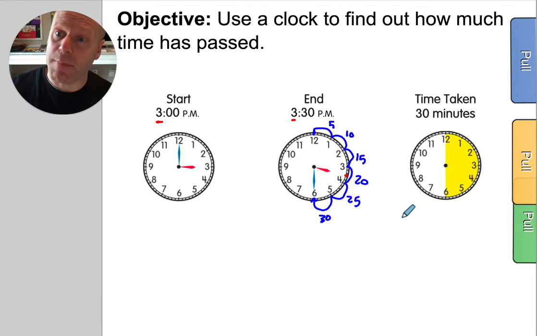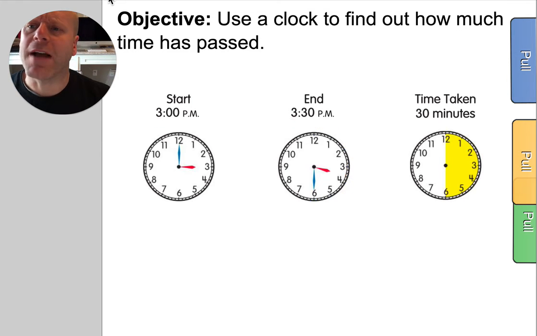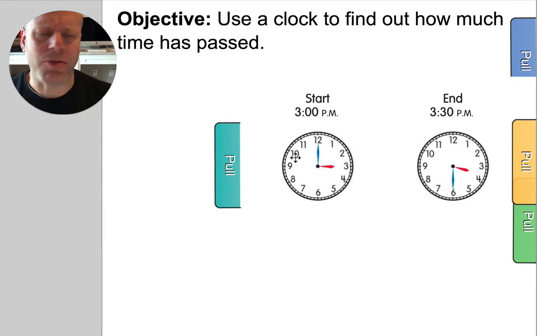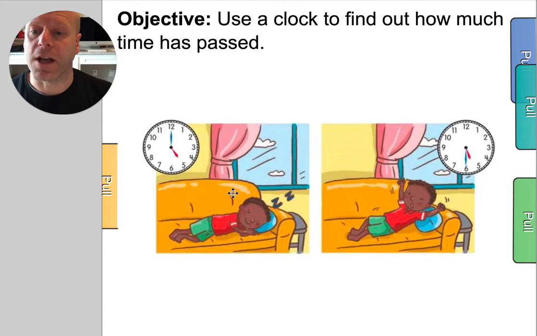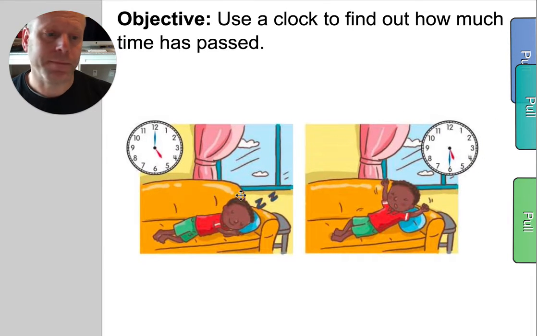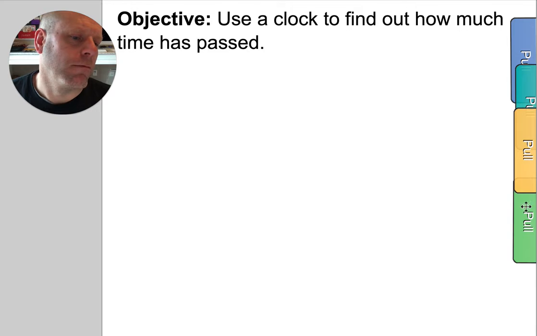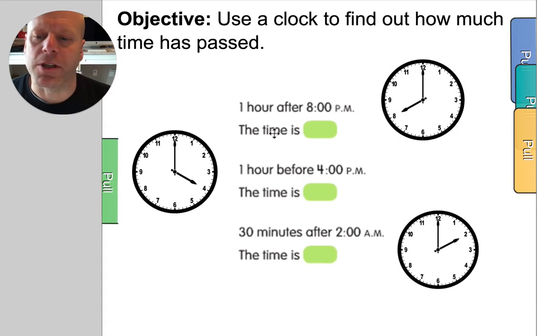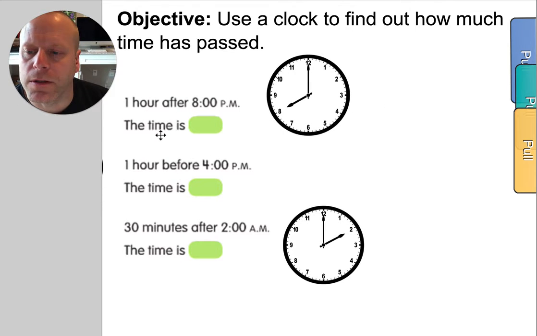This is time passed. Now, sometimes, though, they won't have you calculate the time like I was doing just then. Sometimes what they'll do is they'll say, here's a clock.